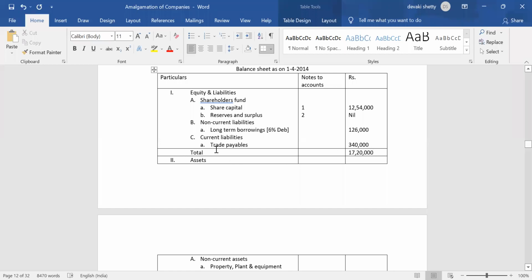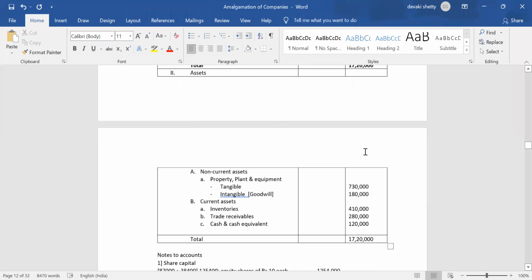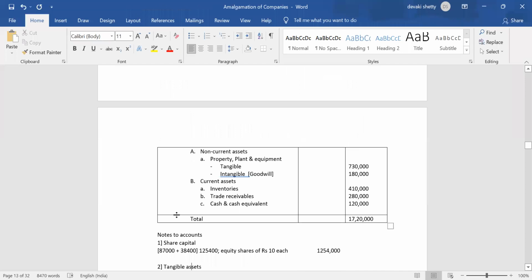And with this we can say our balance sheet is tallying. And the sum is done. Thank you very much, everyone.